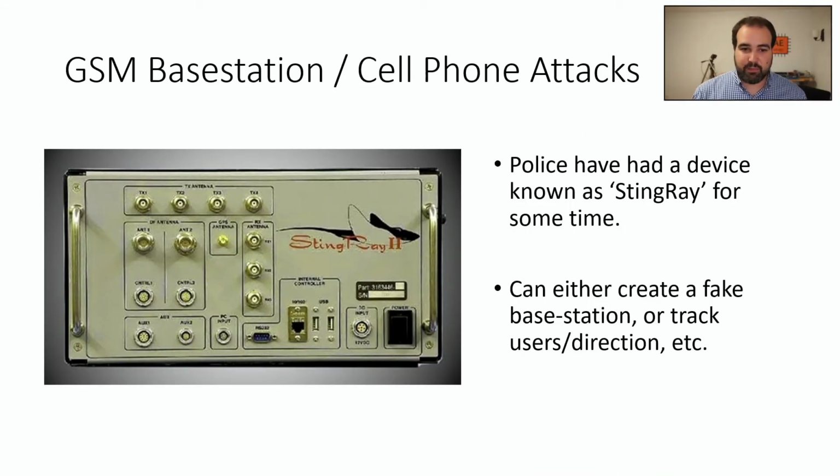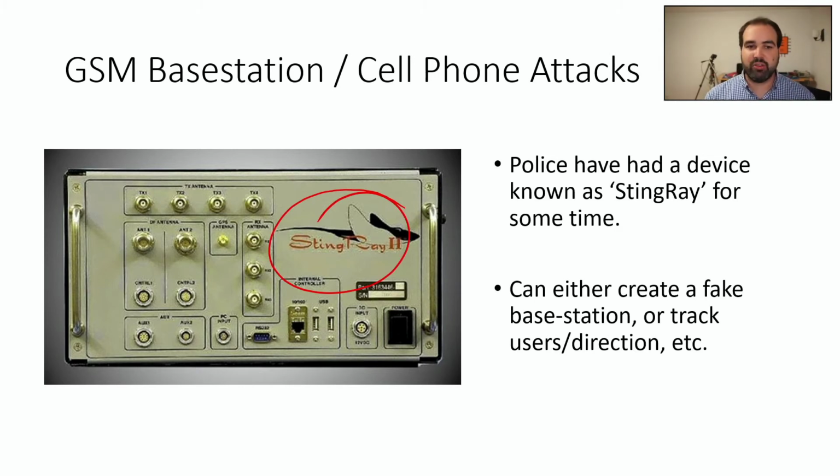So the base station one's a good example because it's something that's existed in like the police and FBI, and basically allowed entities have had access to base station spoofing for quite some time. So there's a device called Stingray, and this does a bunch of stuff, including base station spoofing.